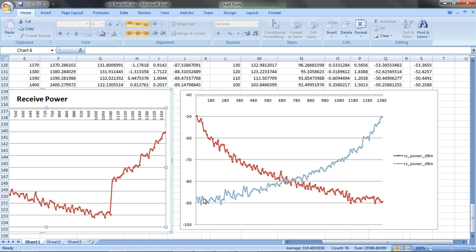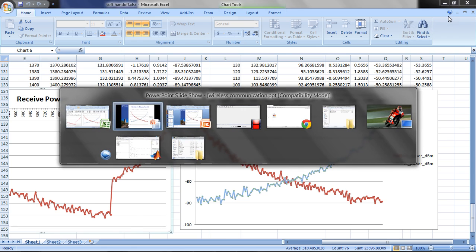However, the blue one shows that the power received from base station B increases as the distance from base station B decreases. Now let's go back to the slide.